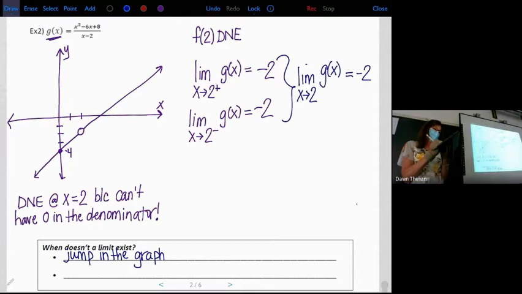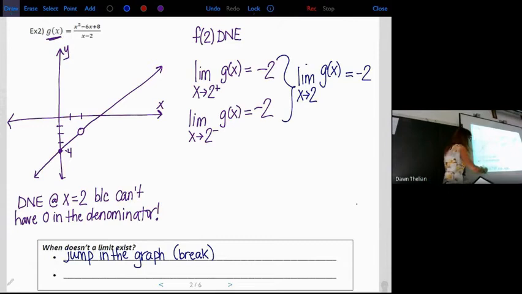You might have even been thinking there's a break in the graph, so I'll put break in parentheses. Now, the reason why that's the case is if there's a jump, I'm all the way down here at the bottom of the screen, or a break in the graph, technically, it's because the left-hand limit is not equal to the right-hand limit.